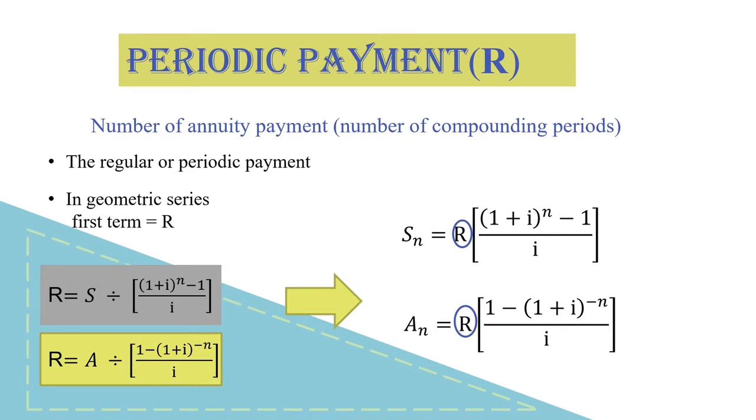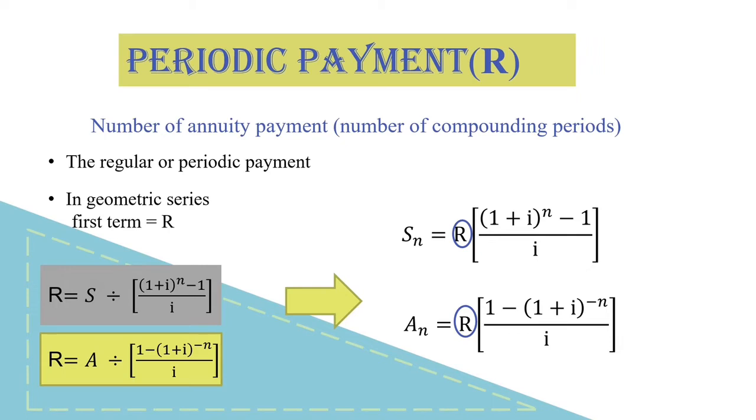Okay, next we will be going into the periodic payment, which is R. So what is the periodic payment? The periodic payment means the amount of each annuity payment. On the right side you can see the formula for the future value and present value.